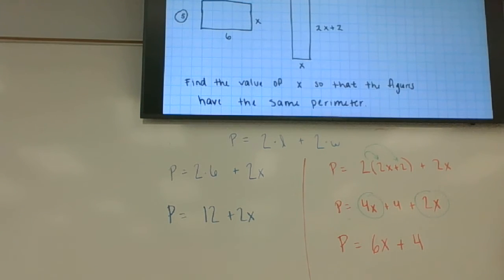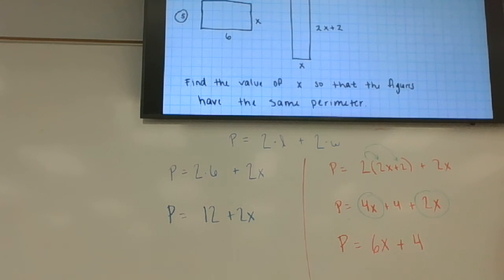We're just doing 6 problems in class. This is so fun. Okay, so Tony, what's the question asking us? Find the value of x so that the figures have the same perimeter. Okay, so we did the perimeter of this guy, and we did the perimeter of this guy. How are we gonna figure out what will happen if they have the same perimeter? What does same mean in mathematics?